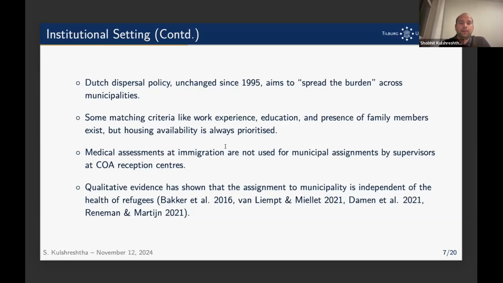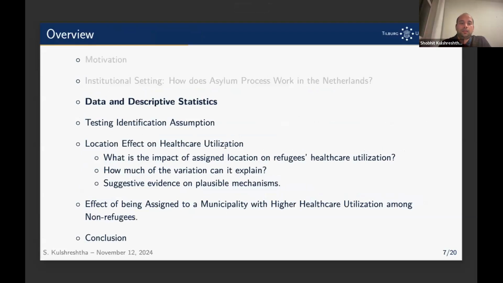So that has also happened. This is from the policy side, which basically suggests that the assignment was random. But I will also show you that this assignment is indeed independent of healthcare utilization once I control for some of their demographics. And in order to do so, I first need to introduce the data.